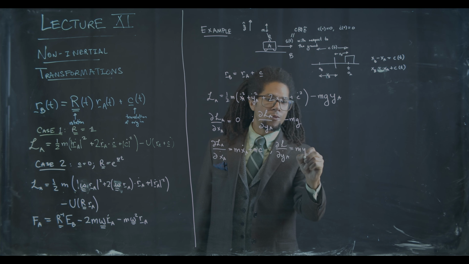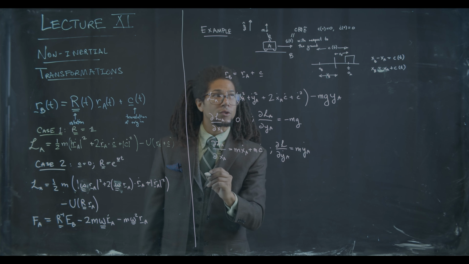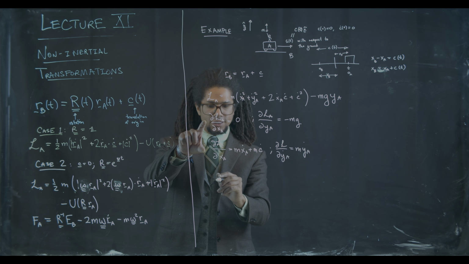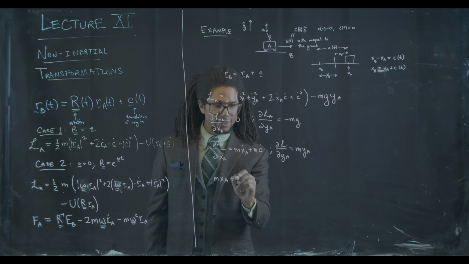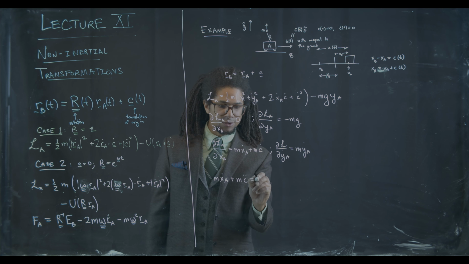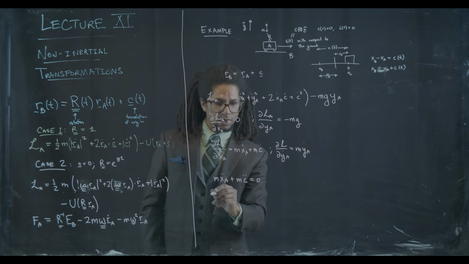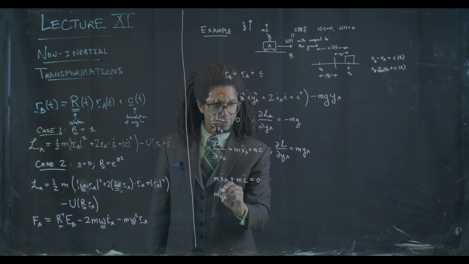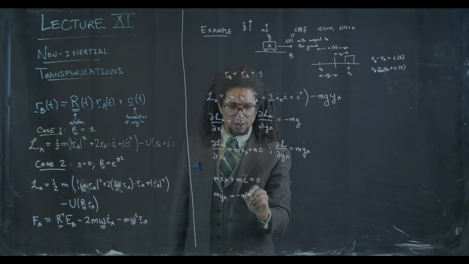So we get m y A dot. Great. So our Euler-Lagrange equations here are, in this first case, we get m x A double dot plus m c double dot is equal to 0. And in the second case, we get m y A double dot, because of taking a second derivative there, is equal to minus m g.